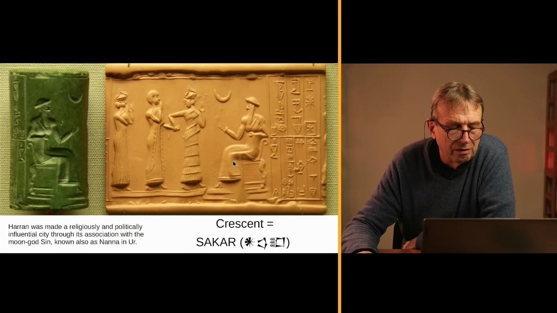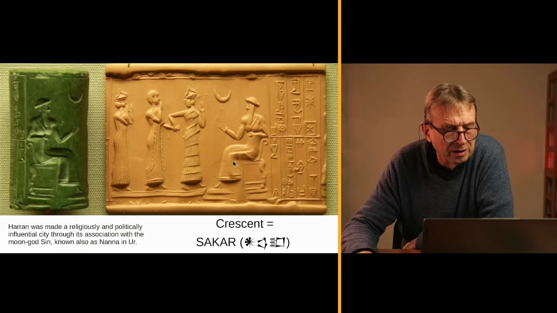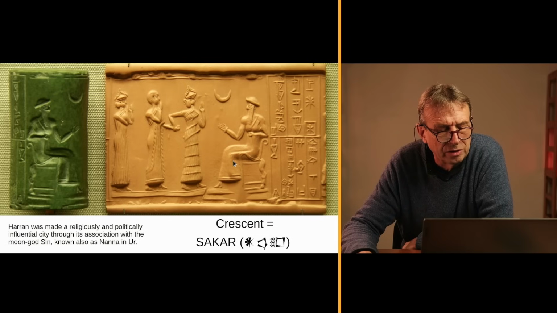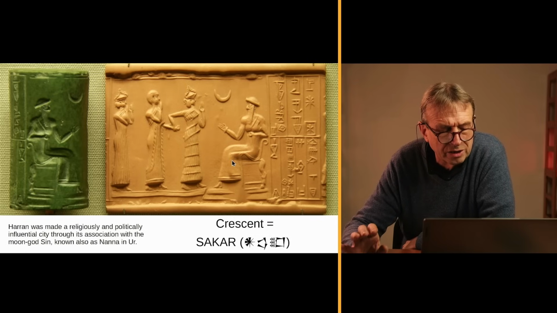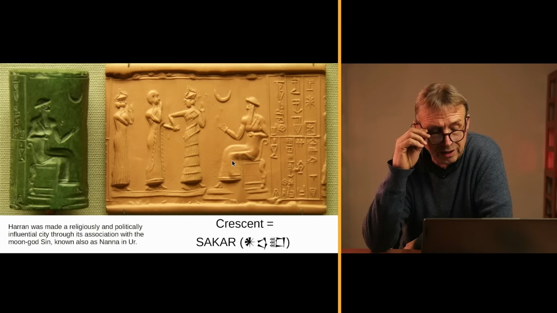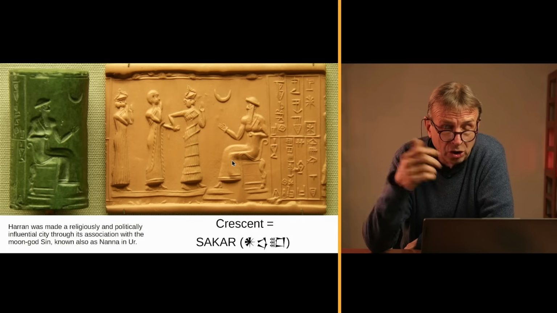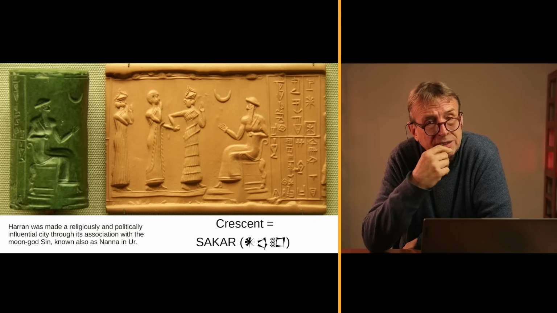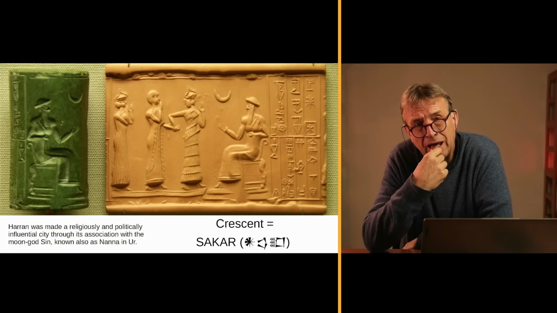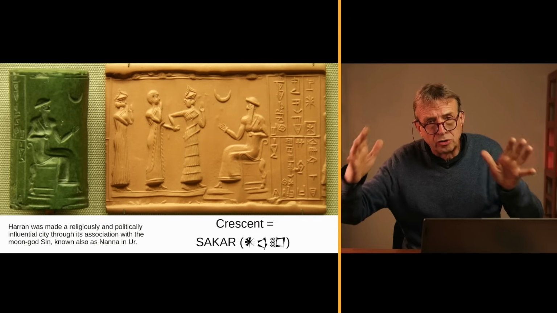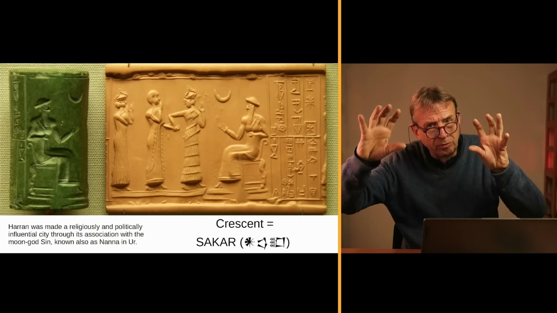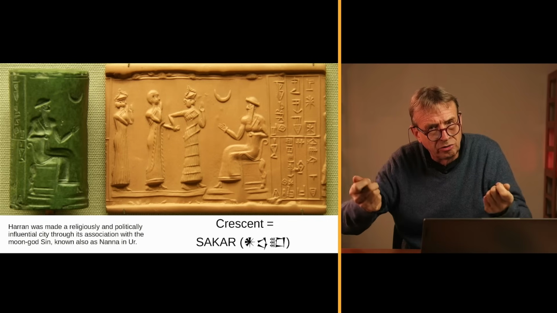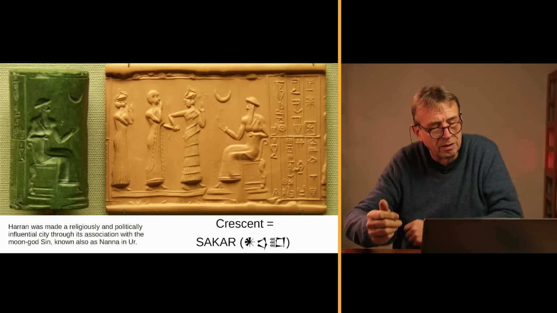Harran was made a religiously and politically influential city through its association with the moon god Sin, also known as Nana. So the major god was the moon god, known as Nana, or also known as Sin. On the top of the ziggurat was a temple dedicated to the god Sin.